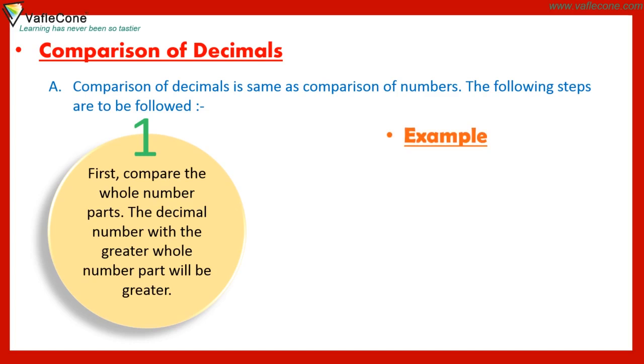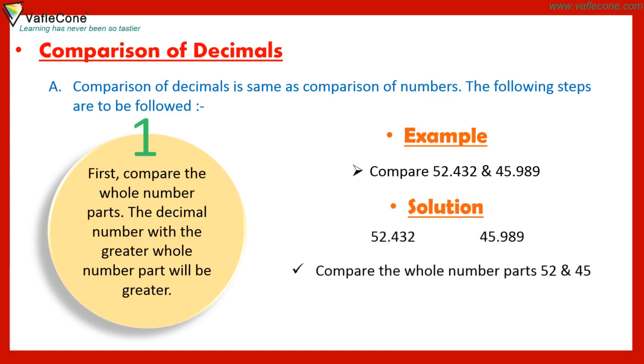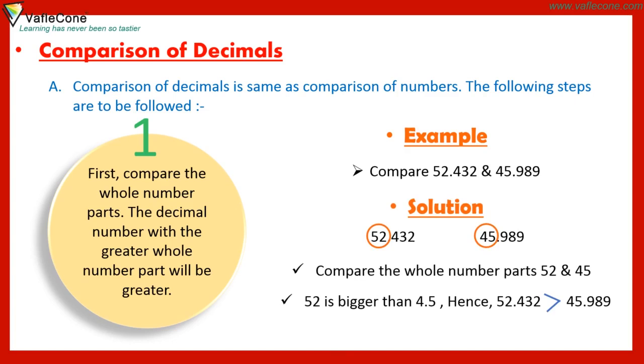For example, compare 52.432 and 45.989. Solution: compare the whole number parts 52 and 45. 52 is bigger than 45. Hence, 52.432 is greater than 45.989.